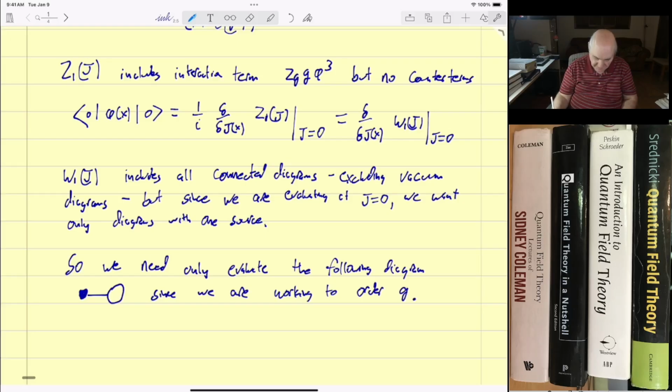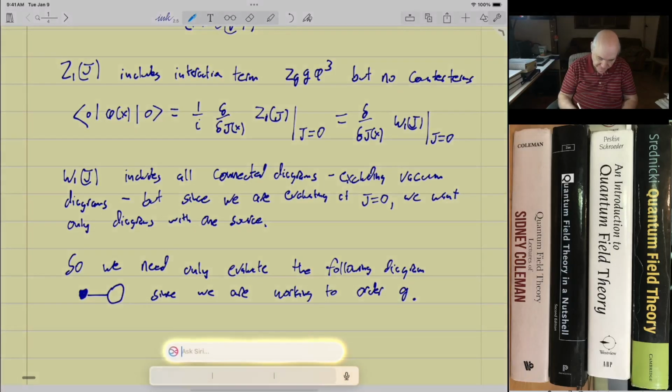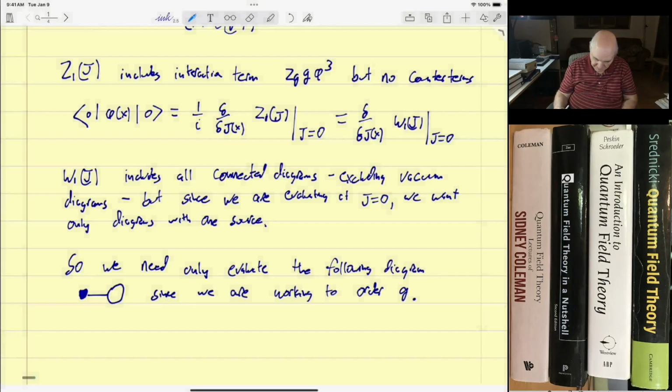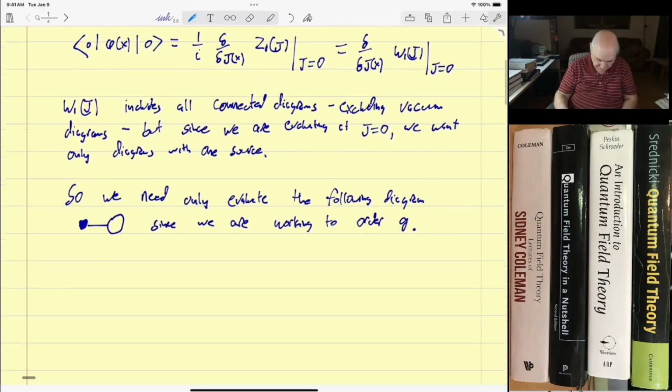So, if we go back to our dictionary, we'll get a g from the vertex, and that's all we need.